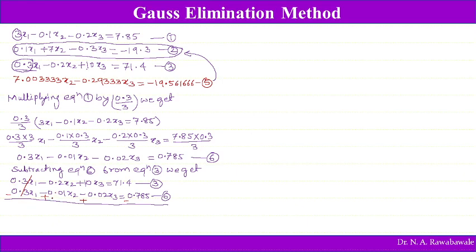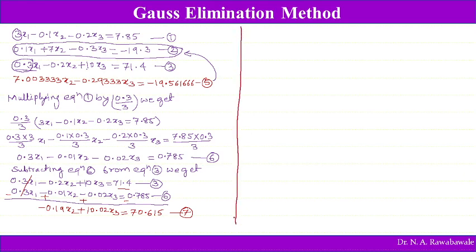Then the second term, we get minus 0.19x2 plus 10.02x3, and if you simplify these two, then we get this as 70.615. So we call this equation number 7. So now we rewrite these equations here.